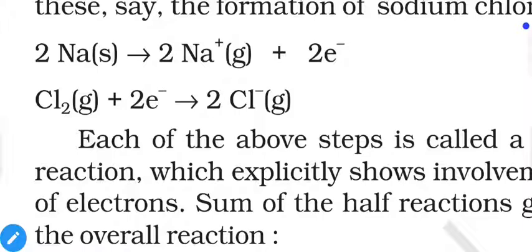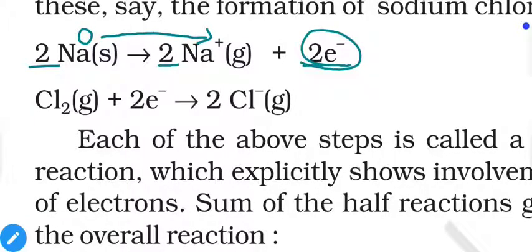Before the reaction we have zero oxidation state for sodium. That's why it is not mentioned on top of the sodium metal, but we can mention it like this. So sodium before the reaction has zero oxidation state. After the reaction it gains +1 oxidation state, because two sodium atoms release a total of 2 electrons. Now these two released electrons will be used by Cl2 gas.